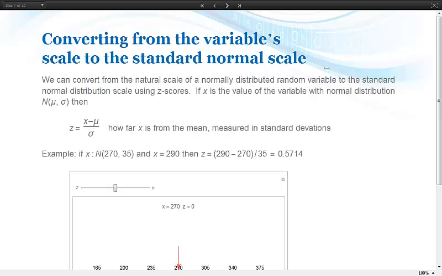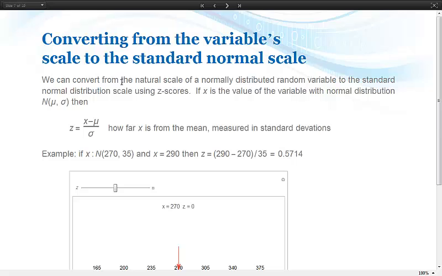Okay, so to use the standard normal curve, or to use the tables in the back of the book, we need to convert from a variable's natural scale to the standard normal scale. And we do that using z-scores that we encountered back in chapter 3 when we practiced with the mean and standard deviation.